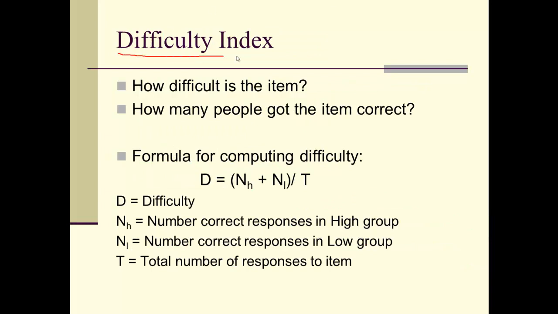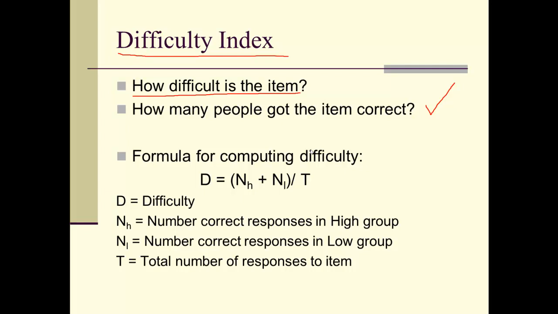The difficulty index. We want to find out how difficult the test item is and answer the question, how many people got the question right? Now, obviously, can people that failed the test, didn't make a passing grade, get an item right?